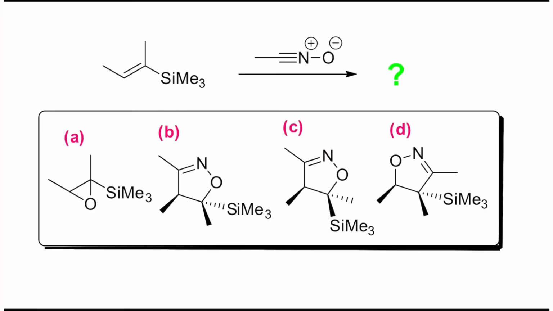Now what is the answer to today's problem? So the answer is this one. Now the question: why not the other options, or if this question is given to you, how can you solve this problem in less than 30 seconds?